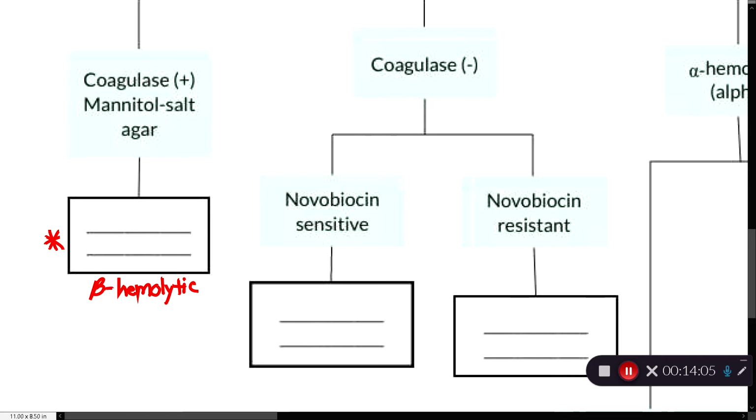And last but not least, the name sort of gives it away, but you will also see it turn yellow or gold on mannitol salt agar. And mannitol salt agar is both selective and differential. So it's selective because it's got extremely high salt content, 7.5 to about 10% salt, which most bacteria cannot live in unless it's a halophile like this agent.